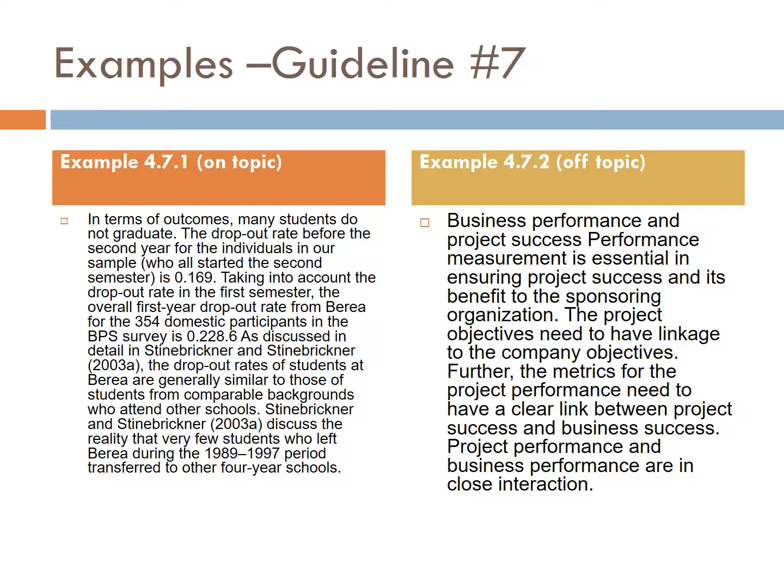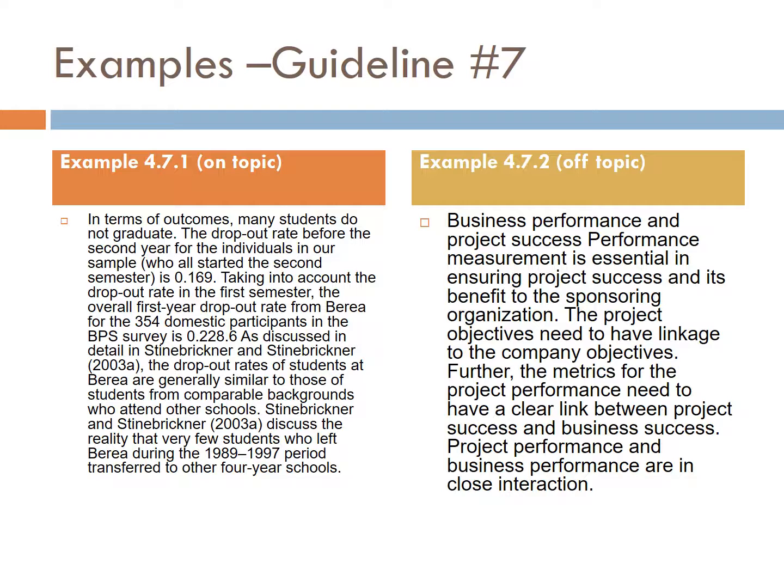So for our examples, this example here for guideline 7, example 471, is an on-topic example. This specific example is discussing and talking about dropout rates and dropout information. And you want to, like I said, always keep focused on your topic. Your next example here is example 472.